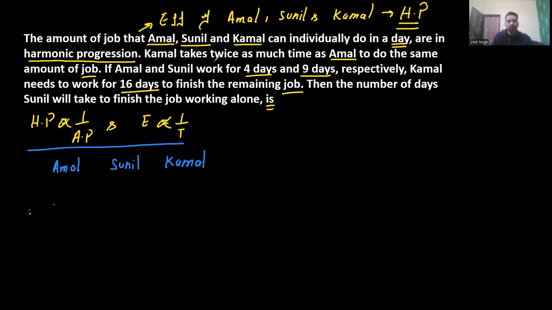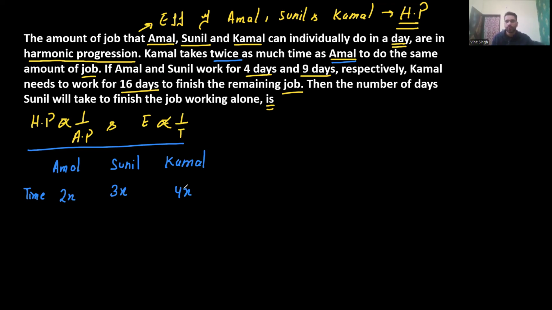Now, Kamal takes twice as much time as Amal, but the time is given in the form of AP. So Kamal takes twice; we will take Kamal as 4x and Amal as 2x. Then Sunil will take 3x, because the times taken by Amal, Sunil and Kamal are in AP.